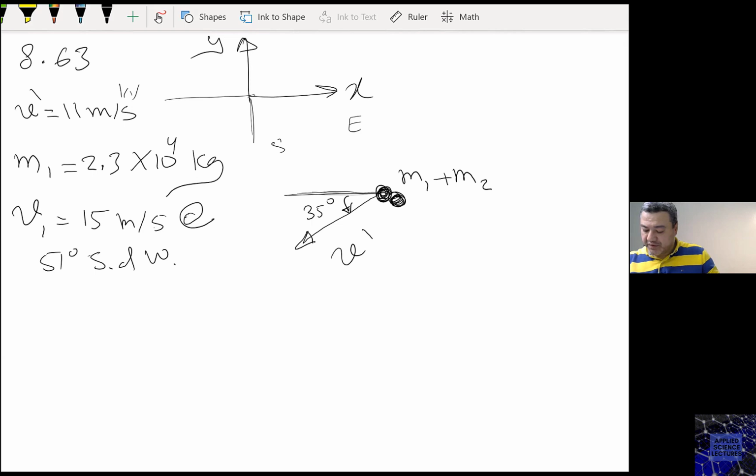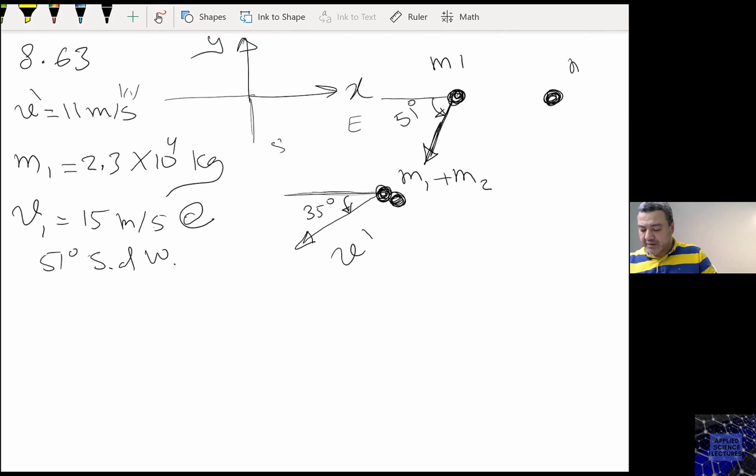So let's assume that my m1 is here, and now south of west 51, something like this. And the angle here is 51 degrees.